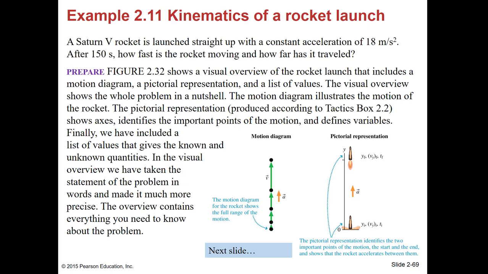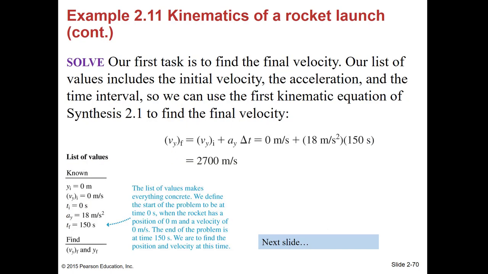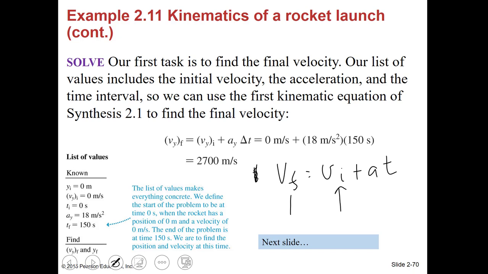So we've got a nice picture, a nice motion diagram going on. Over here on the left is what we know, and then here's what we're looking for at the bottom. And we've got the 3 kinematics equations to work with. The first one that we had was the final velocity is equal to the initial velocity plus a t.